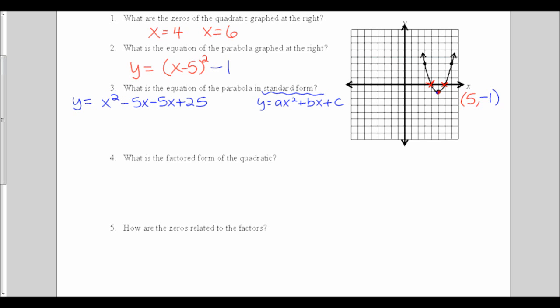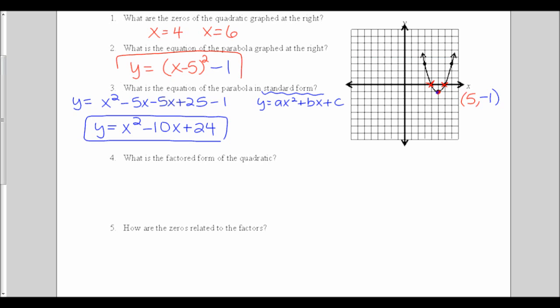I can either do that by foiling or doing boxes. Remember, I also have the minus 1 on the end. My last step would be to combine like terms. I'll have x squared minus 10x plus 24, and this is the equation in standard form. The equation we had up here, we usually refer to that as vertex form because I can tell that the vertex or anchor point of my graph was at 5, -1.